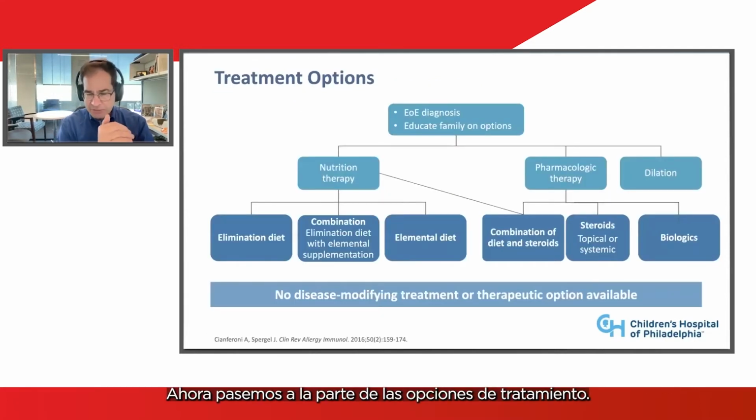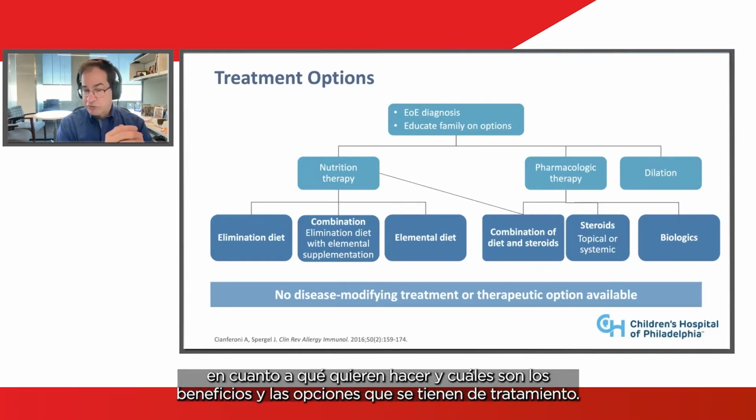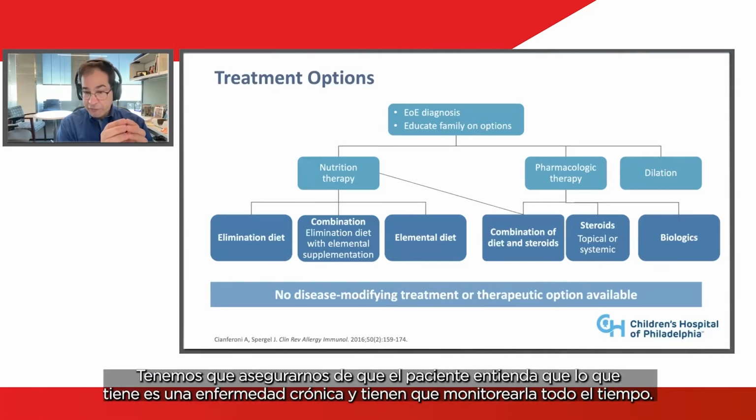So now let's jump to treatment. When we think about treatment, it's what we like to call shared decision-making. It's a conversation with the families about what they want to do and the benefits and risks, because there are options. We first have to make sure the patients really understand what they have, that it's a chronic disease and you need to monitor it over time.